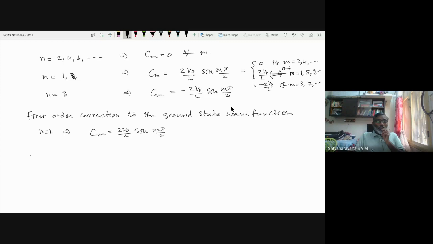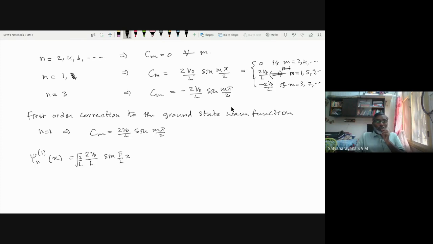Okay, so that means your wave function psi n1 of x will be equal to, suppose I take 1, so that will be 2v naught by L into sine, of course there will be a root 2 by L, because that will come with the wave function, and sine m is equal to 1, right? So sine pi by L into x. Now m is equal to 2, it will be 0.